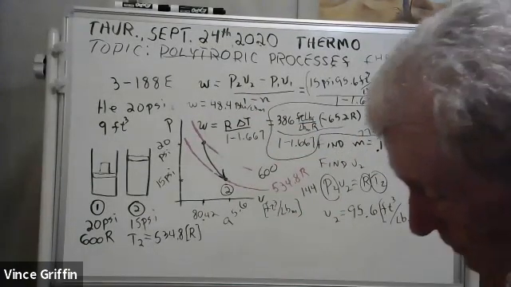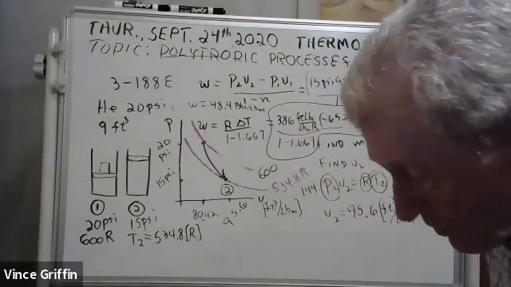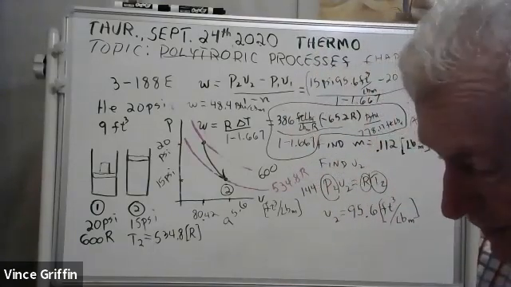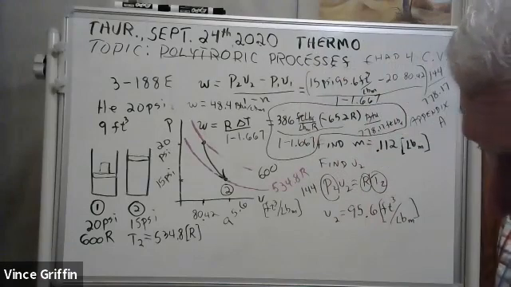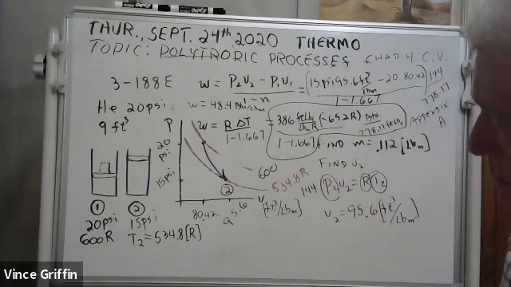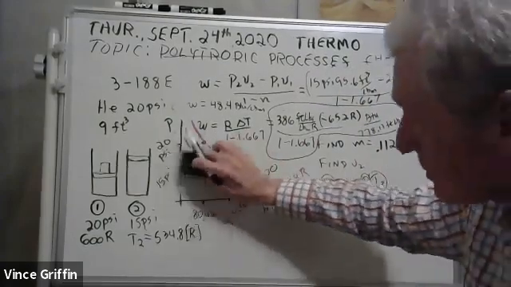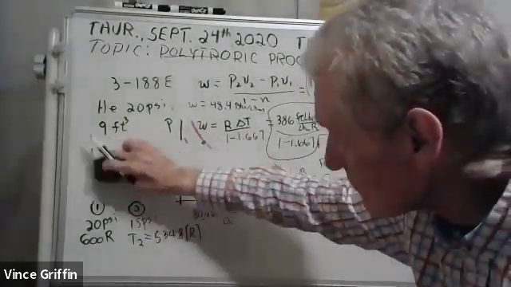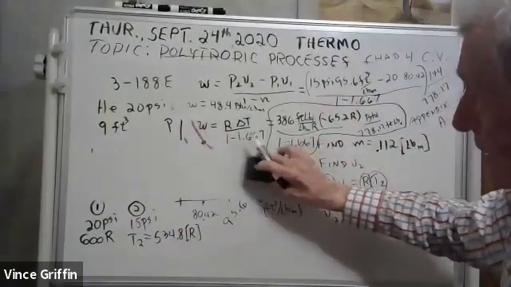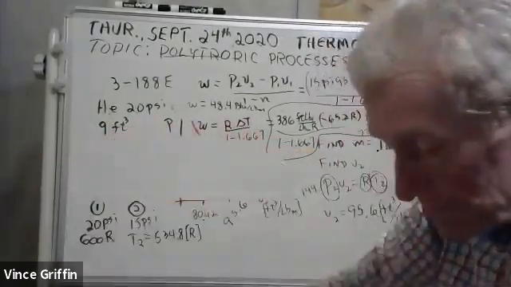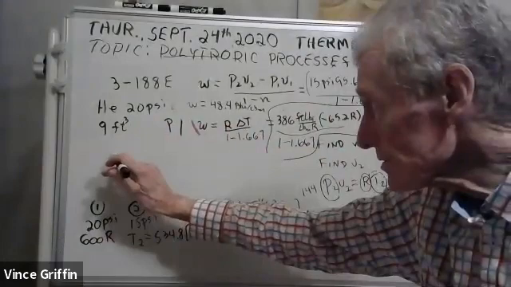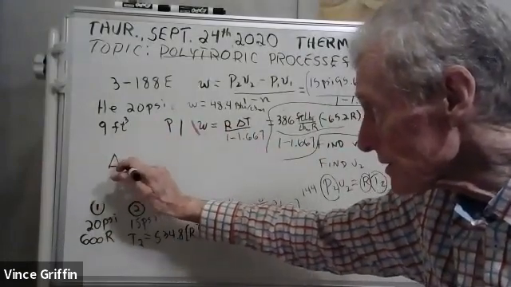Okay, well, we've come a long way. We've got our work per mass. We know a lot about this problem, but they wanted the heat transfer. Okay, I need some room here, but we can certainly do it. Here goes. And now here's the plan. We got this lovely equation that goes like this.